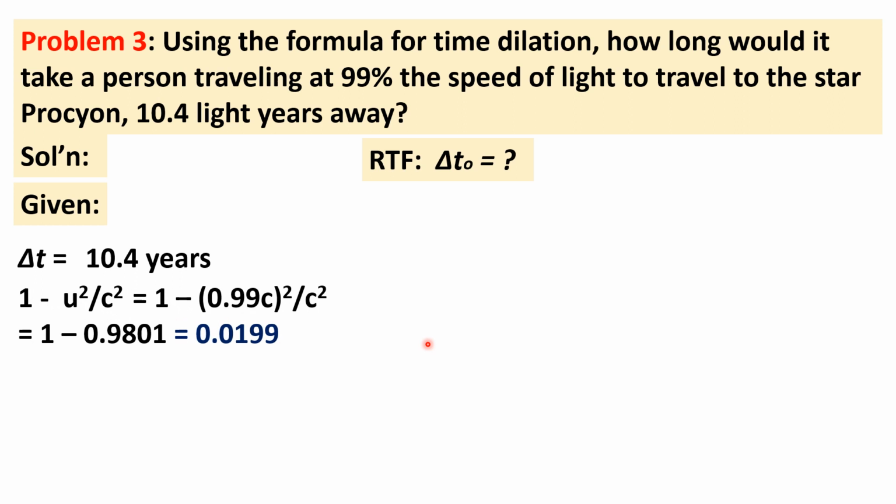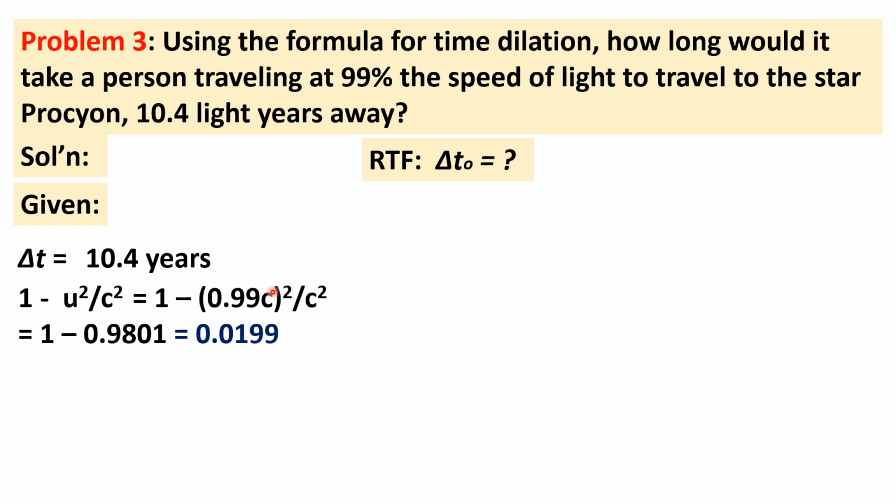Before the actual computation for delta t naught, let's simplify by first getting the value of 1 minus u squared over c squared, where u means 0.99 the speed of light, the speed of the person traveling in that spacecraft.